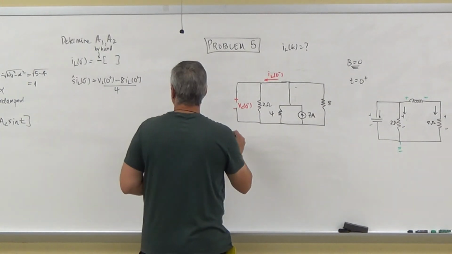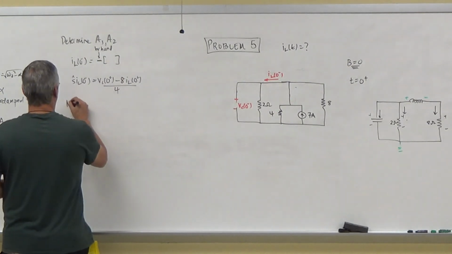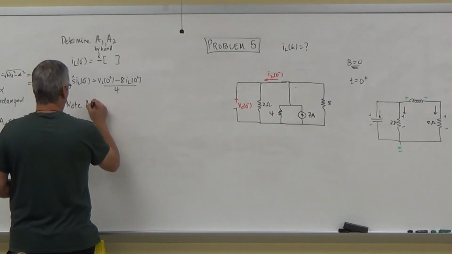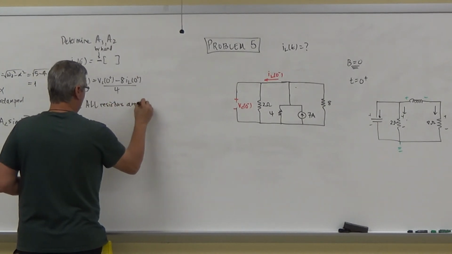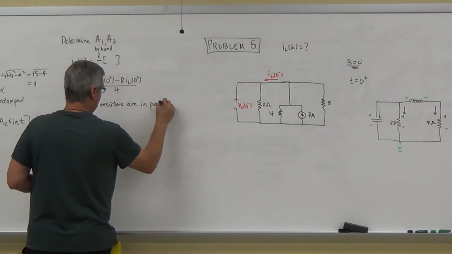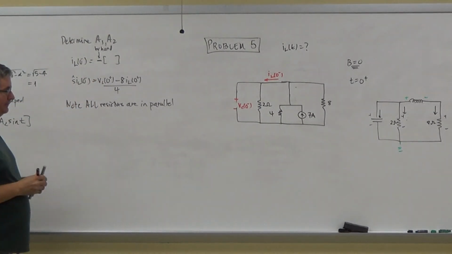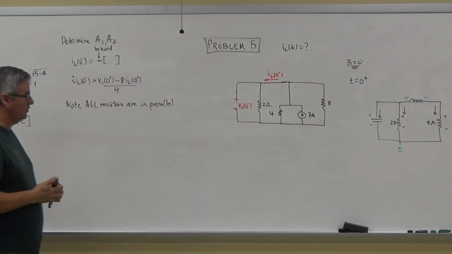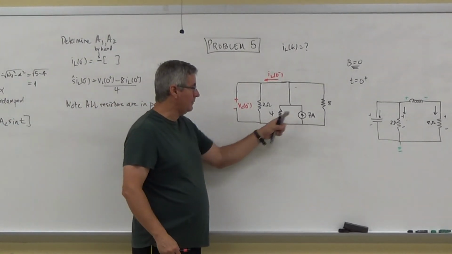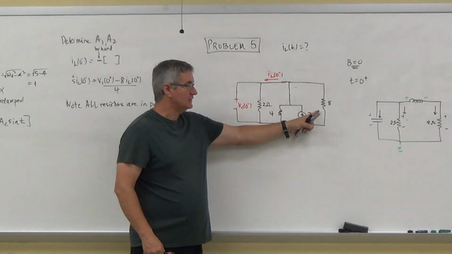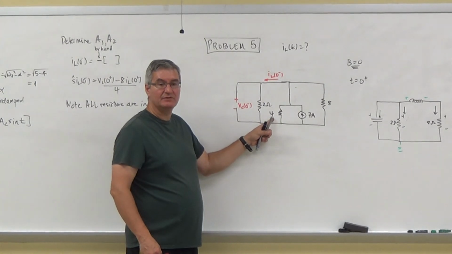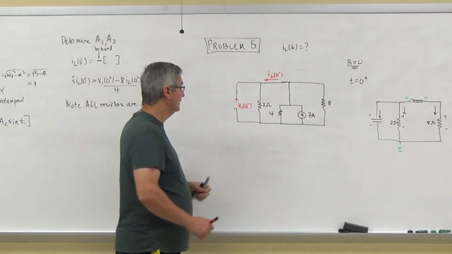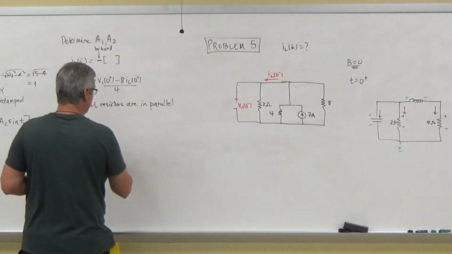Okay, so note all resistors are in parallel. So what am I going to do? You see that 4? I'm going to combine it with this guy here. So this is going to give me what? That resistor and that resistor is going to give me 8/3. So if I look at my circuit here, it's really like this here.